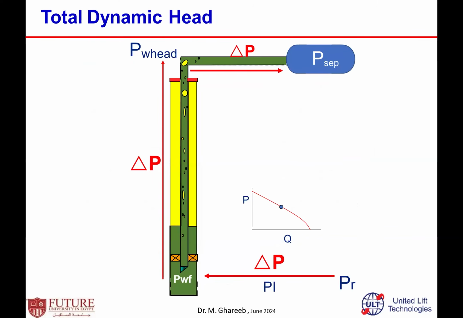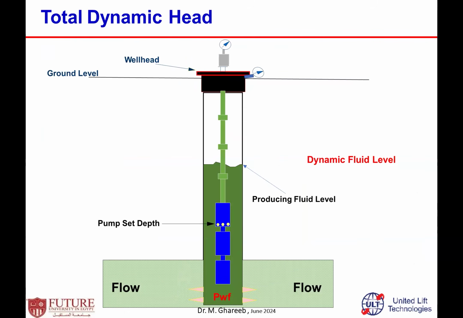For example, for a well like that, in order to see how many stages are required, if each stage generates 42 feet, then how do we calculate the number of stages? It looks like I have a well like this, from the reservoir up. One of the most important things to calculate is the total dynamic head.